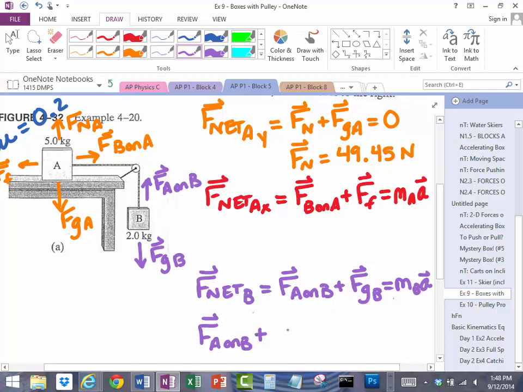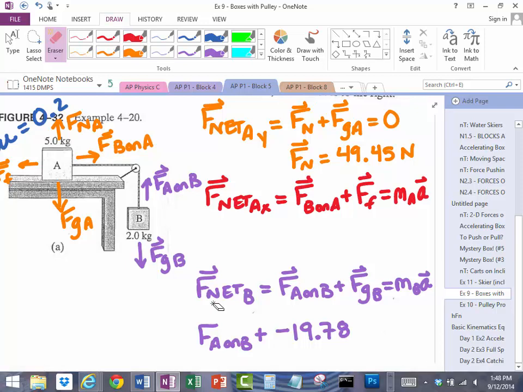So that's going to be... I'm going to look at the directions for box B, excuse me.